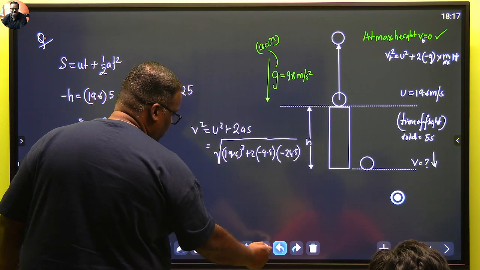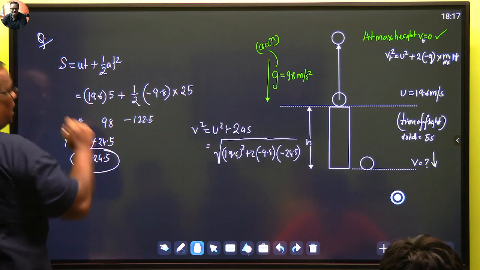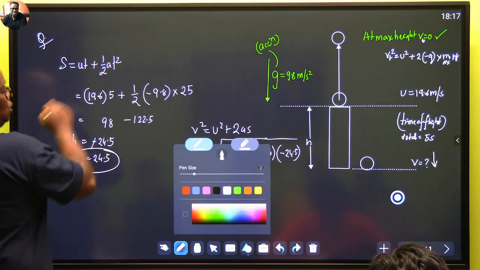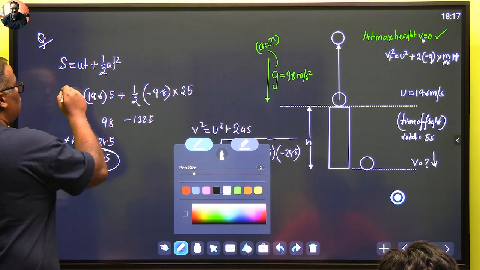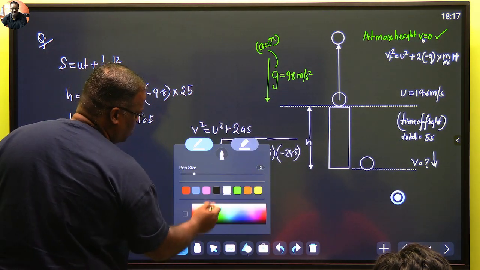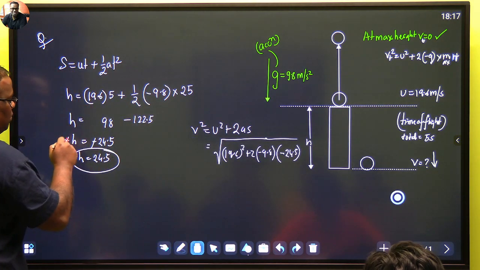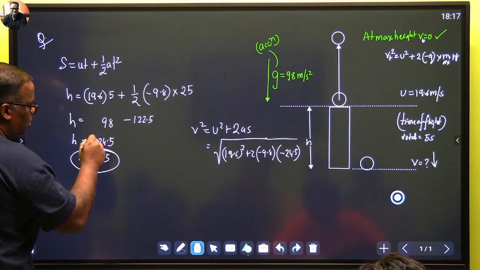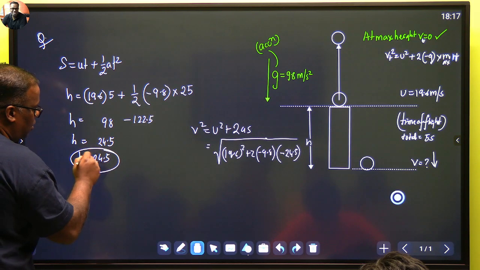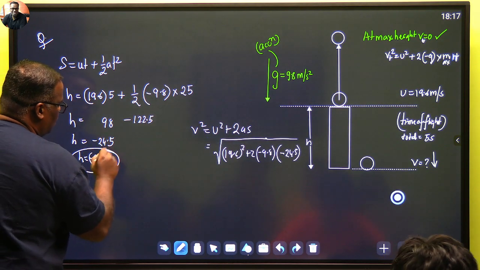Another thing, sorry, I made a small mistake. You need not take h as negative when you start the problem. You'll take h as h only. You should get your answer as negative. Sorry, this is a small mistake from my side. If anyone has a confusion, just ask me. The value of h is not given to you, so you take this as positive and you got the value of h as negative.